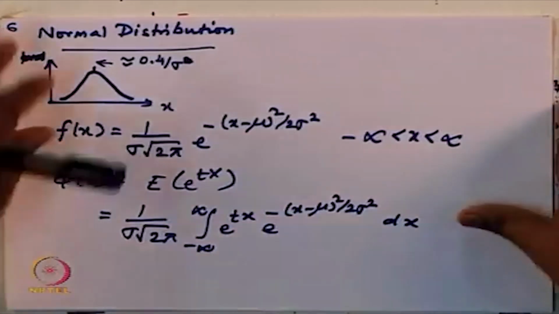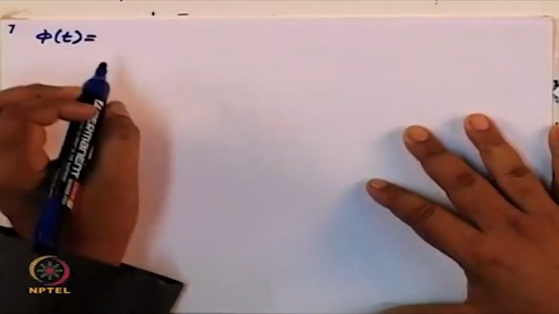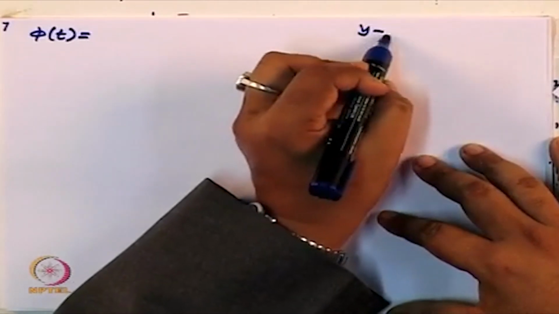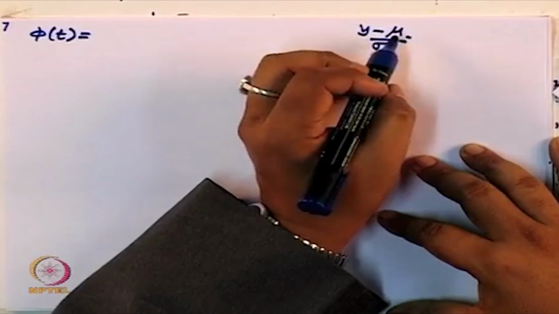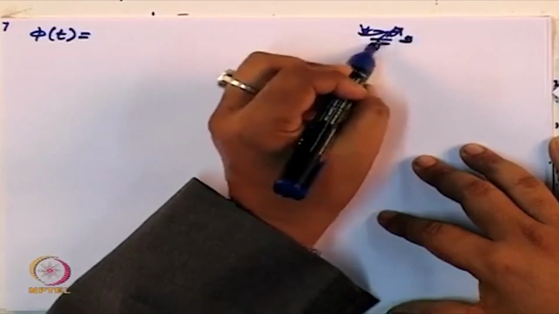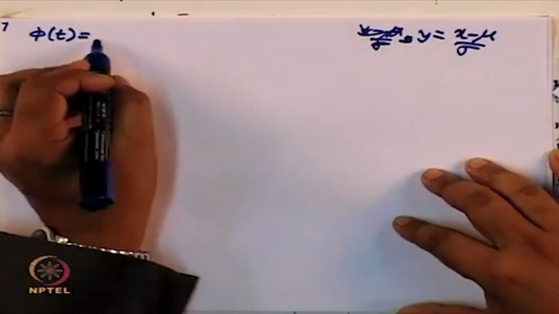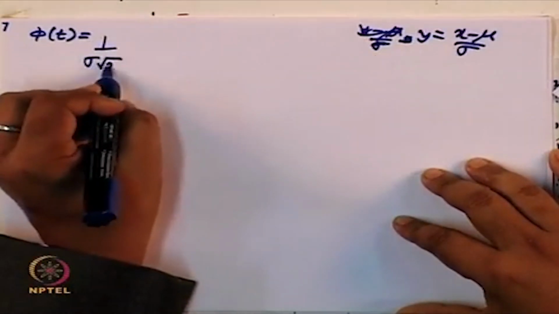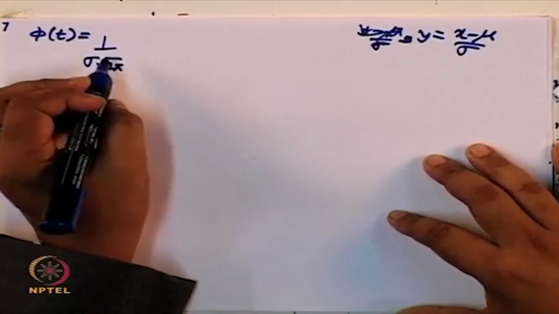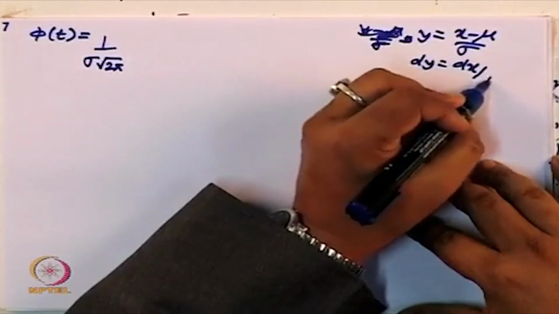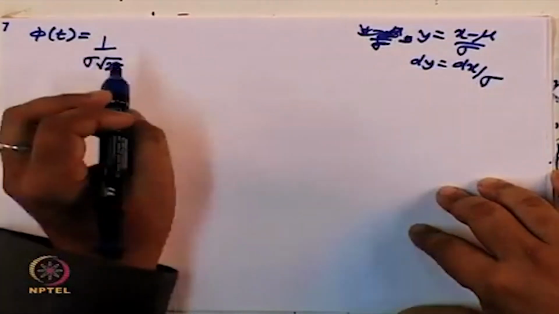So, phi of t then becomes, let me define y as x minus mu by sigma. Then my dy is equal to dx by sigma, so I can convert the integral.